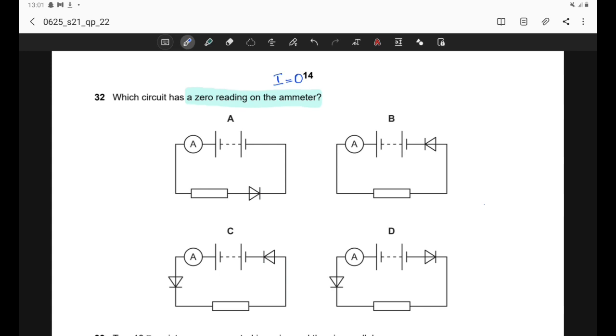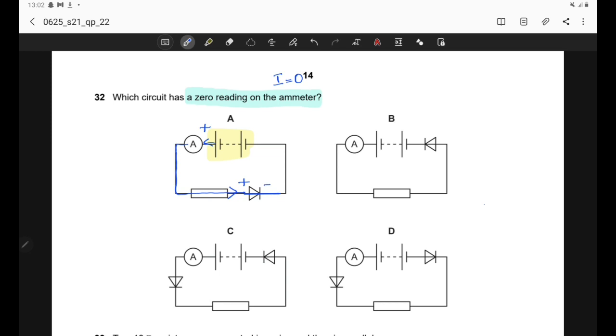So we can look at option A. We have a cell which is connected in series with an ammeter. So the ammeter will read the current passing through this, and that current will be flowing through a resistor and through a diode. And you can see the positive side of the cell is connected to the positive side of the diode.